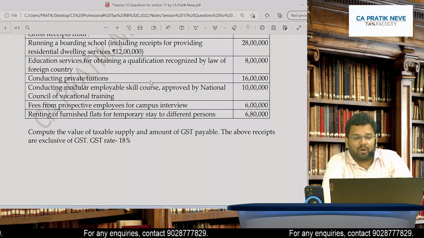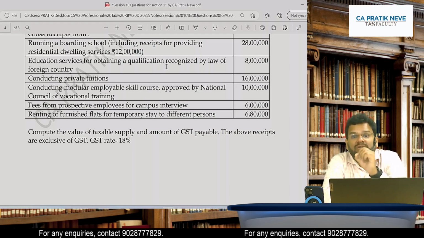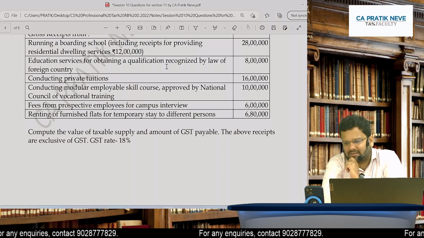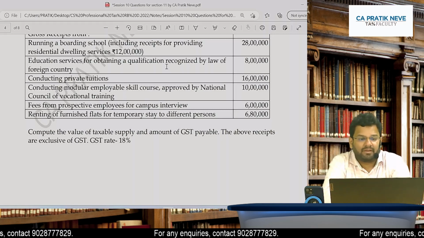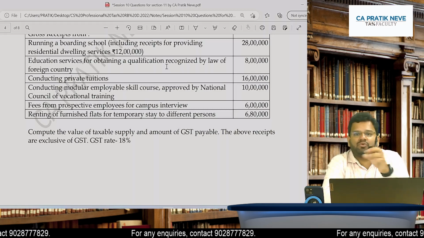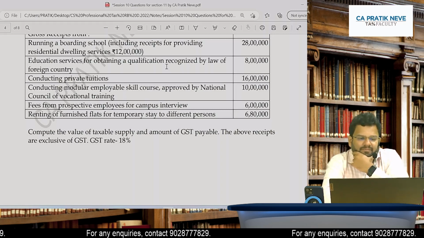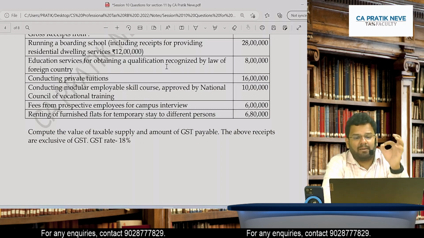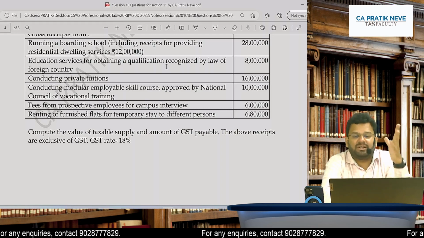Next, education services for obtaining a qualification recognized by the law of a foreign country. This will become taxable. Very good. Conducting private tuitions. This will also become taxable. Very straightforward. Conducting a modular employable skill course approved by NCVT.